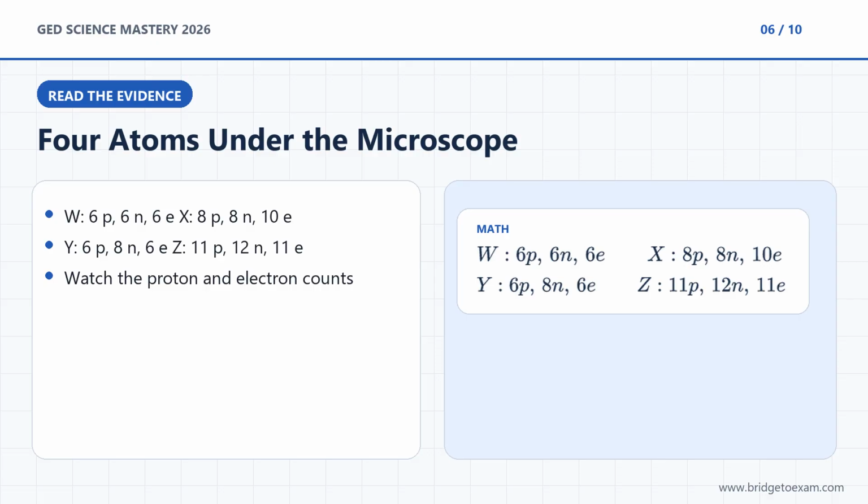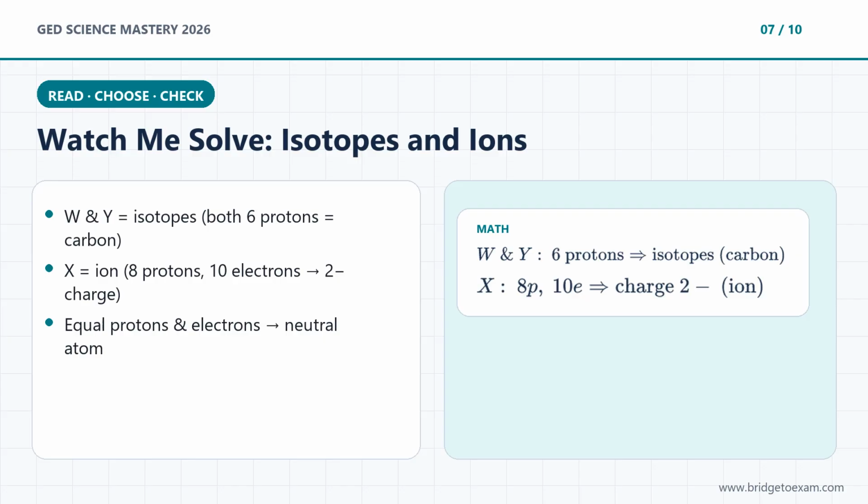Read carefully, because in the next step, we will use the proton and electron counts to spot an isotope pair and an ion. Notice already that W and Y both have 6 protons, and that X has more electrons than protons. Let's solve it. Which two atoms are isotopes of the same element, and which atom is an ion?